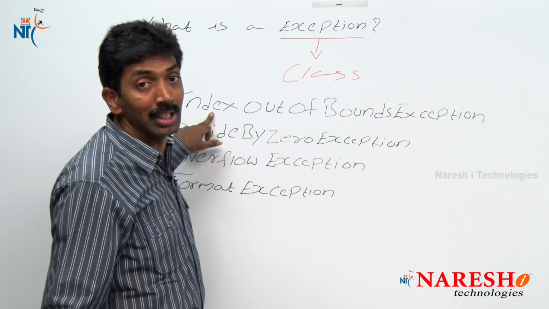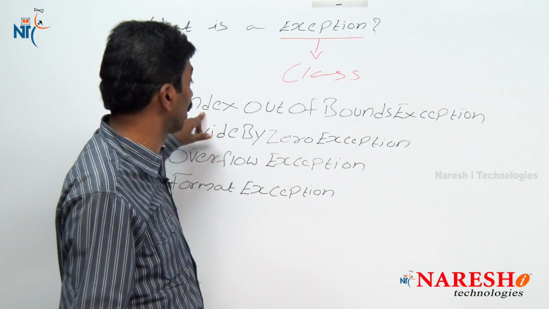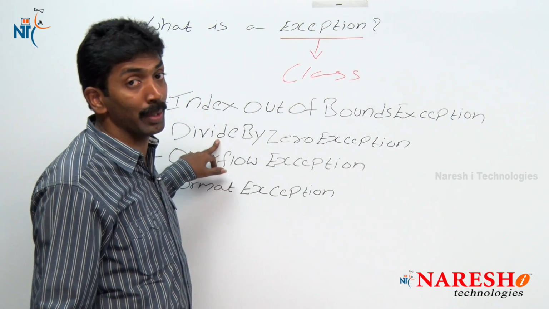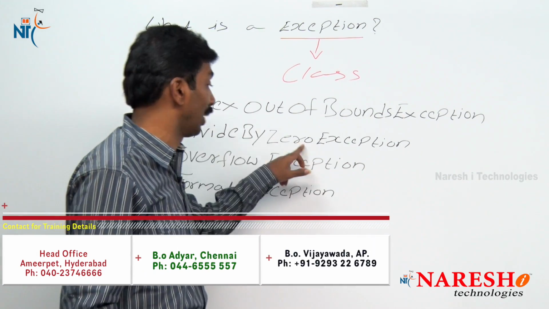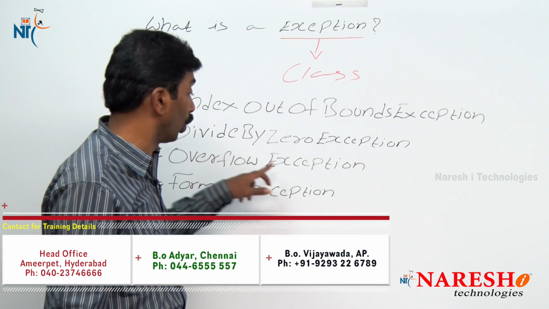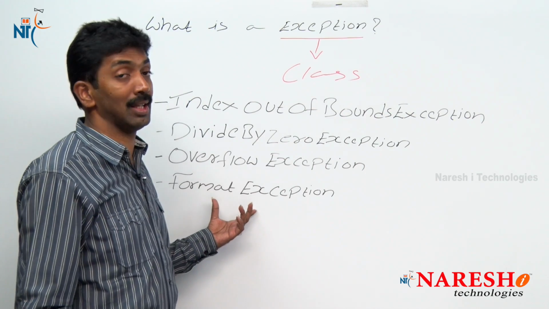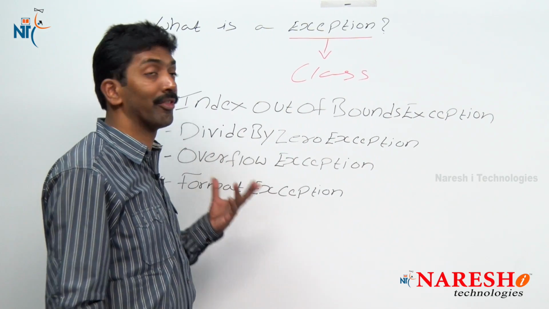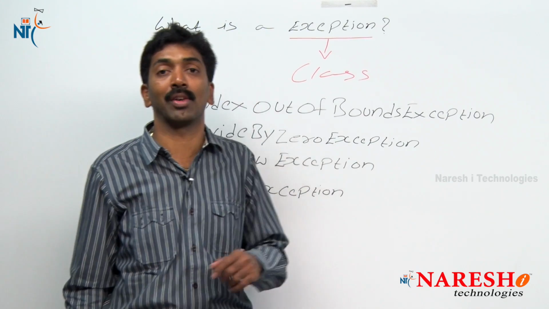This class will display an error message about array index out of bounds. This class will display an error message about divide by 0. This class will display an error message about overflow, and this class is going to display an error message describing the format, that is invalid type conversion.